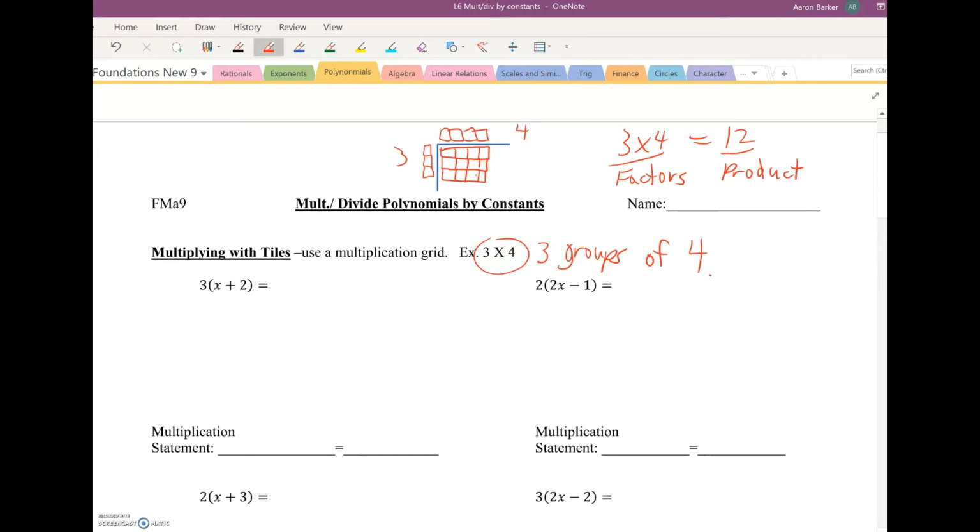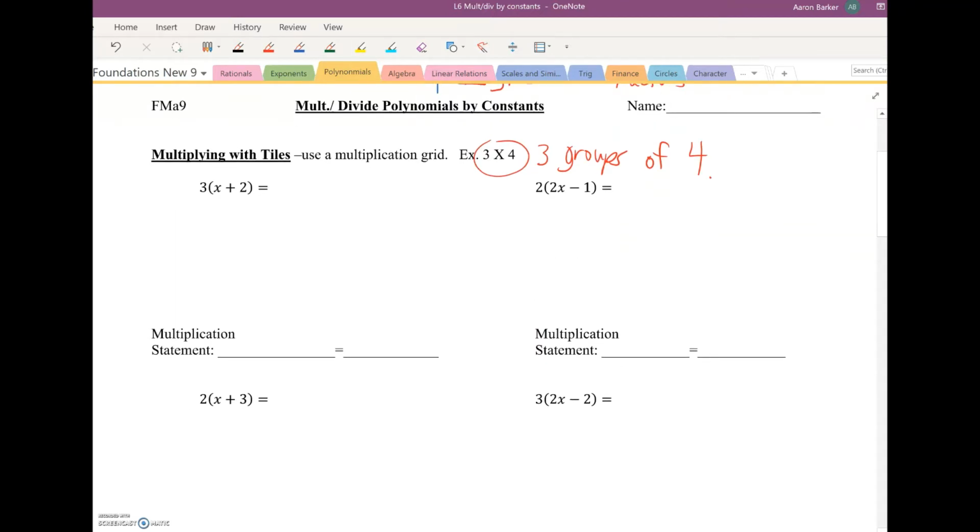So now you can see I drew 3 groups of 4. And how many squares are there? 12. So there are 12 squares when you multiply 3 times 4. That's the area created using the dimensions 3 and 4. So you can look at it several different ways.